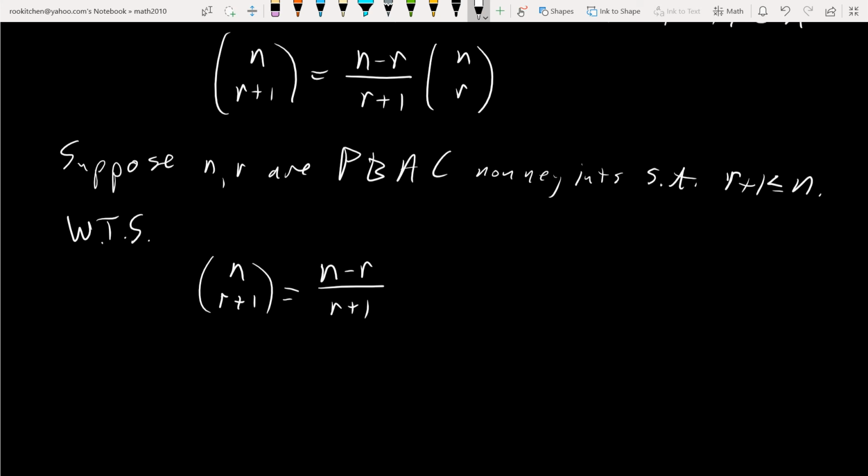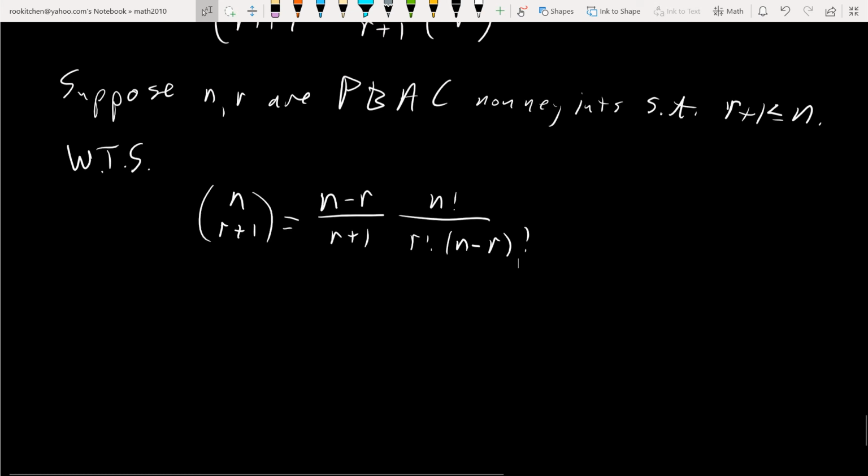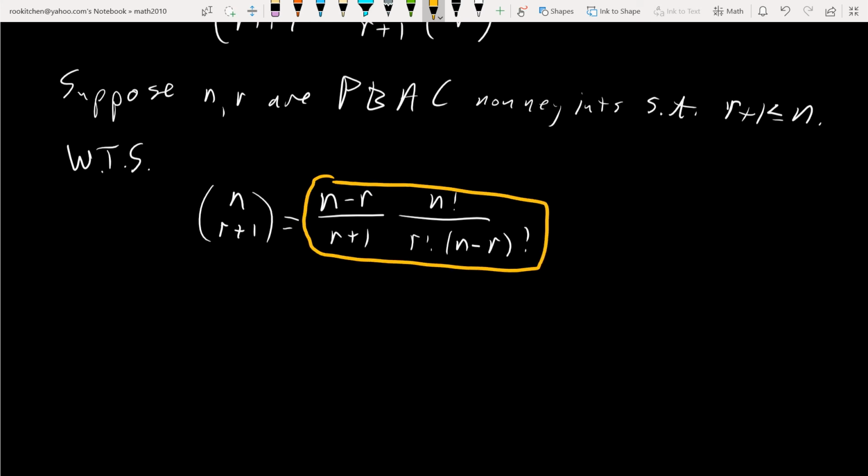So what is n choose r? That's n factorial all over r factorial times n minus r factorial. Okay, so just simplifying my proof a little bit and thinking about my ultimate goal. If I could show that this guy equals that, then I'm done. Okay. So I want to show that.